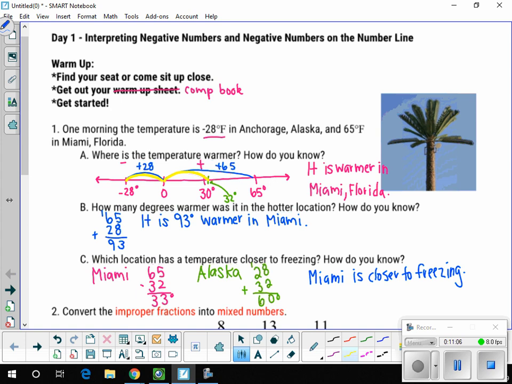I appreciate that there were a couple of you who made sure you had a partner, even if that meant getting out of your seat. Good job. Partner two, tell your partner what a mixed number is. Go for it.